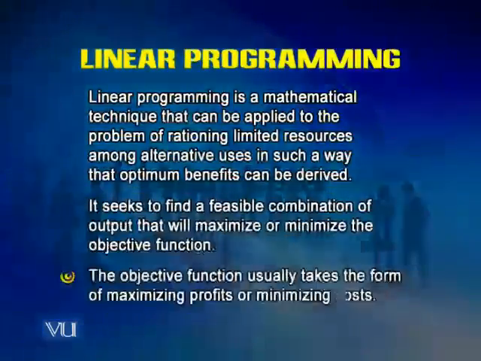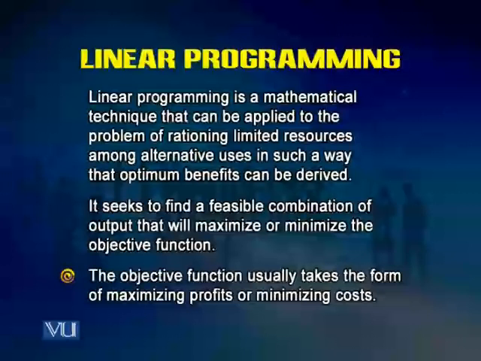So the objective function is what is going to be required, that we find the feasible combination of output that will minimize or maximize the objective function. If the objective is contribution, then we will find out what combination is going to maximize this contribution.